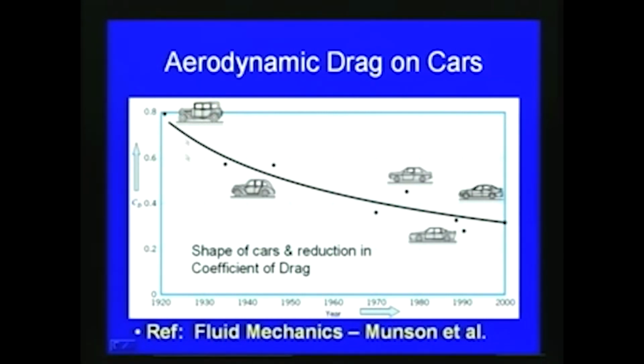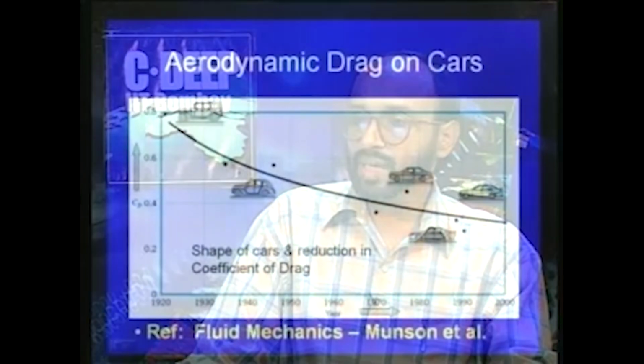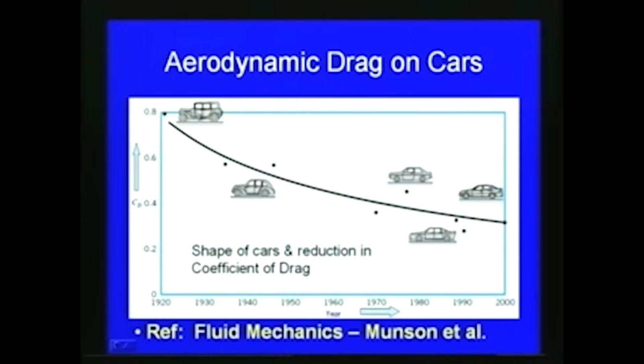In the 1920s or 1930s, you can see the shape of the car was like this, and then in the 1940s and 50s, when we understood that this coefficient of drag or the drag force can be reduced, the shape of the car was changed to this. Then you can see that the drag coefficient earlier for this shape was about 0.8, and for this shape of the car the coefficient of drag is about 0.55 or approximately equal to 0.6.